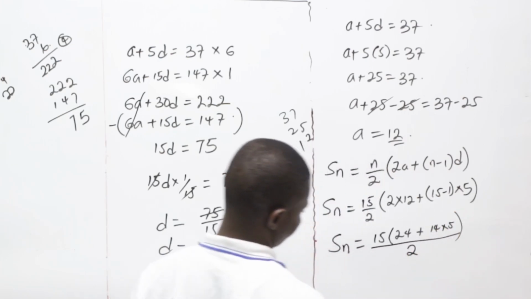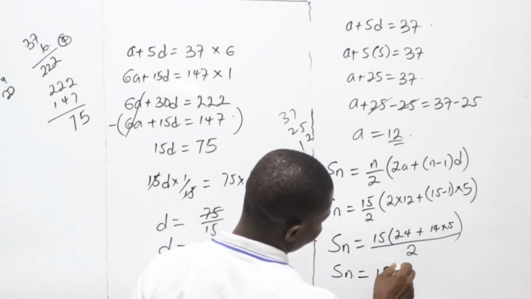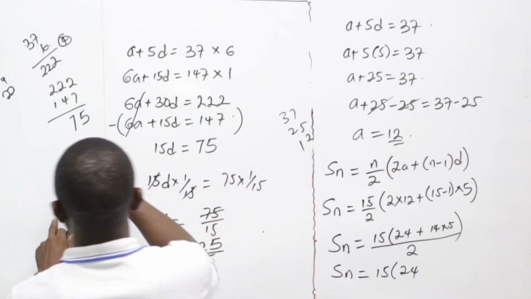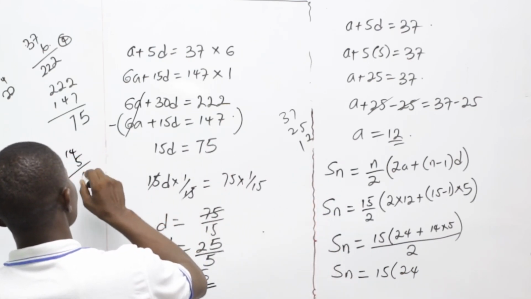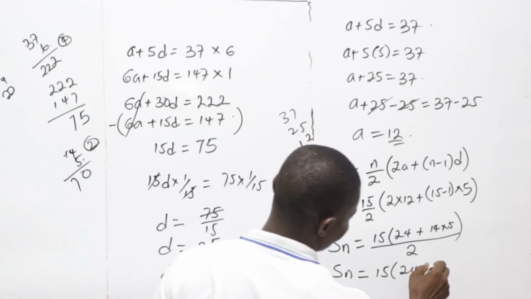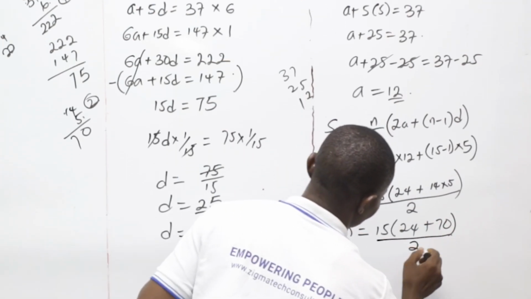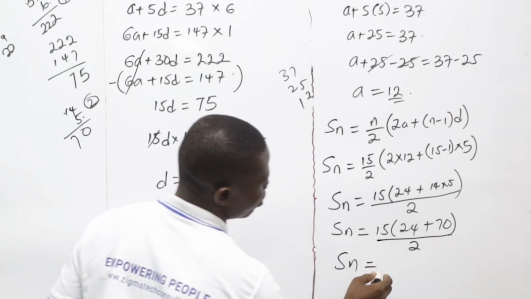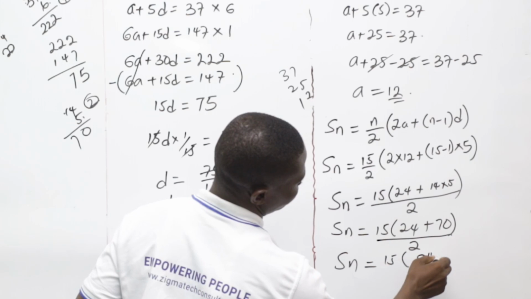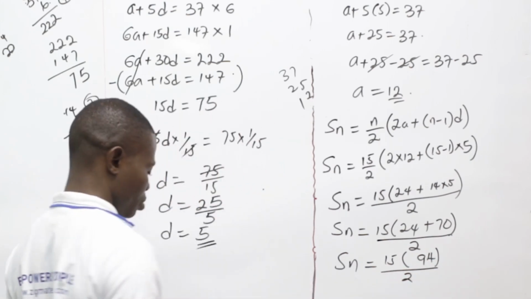So Sn equals 15 into 24, plus 14 times 5 is going to give us 70, divided by 2. Then Sn equals 15 into 94, all over 2.